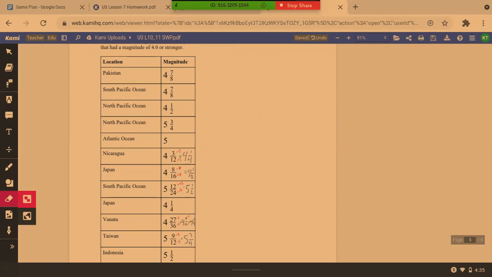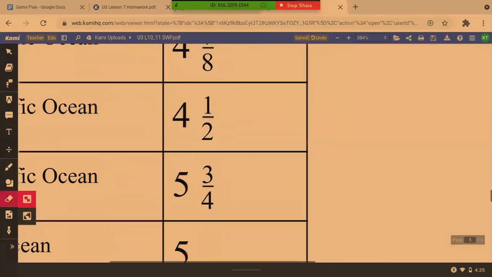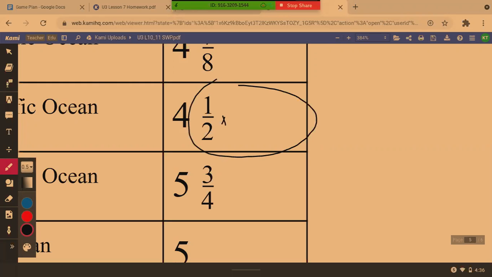So the fractions for Pakistan and South Pacific Ocean are done. Those already have the common denominator. So let's go manipulate 4/2 to get it to 8. And remember, I'm only working with the fraction. I'm not going to manipulate the whole number. I'm only manipulating the fraction.